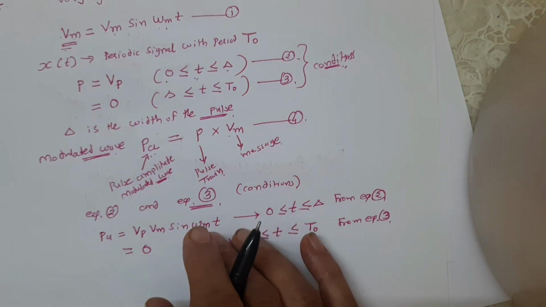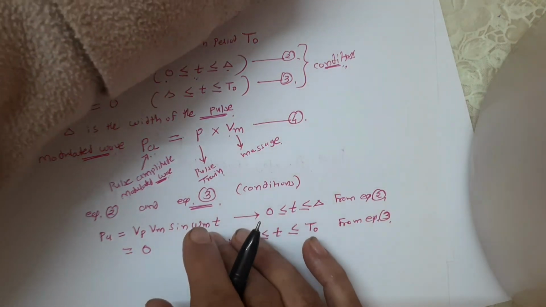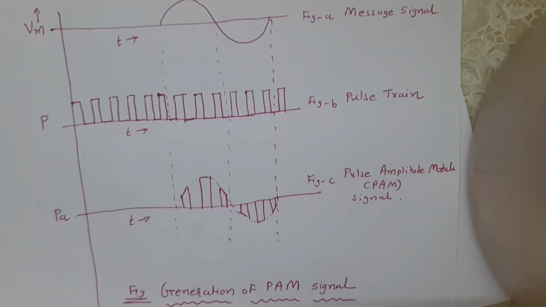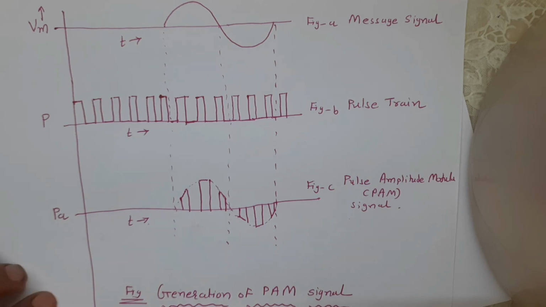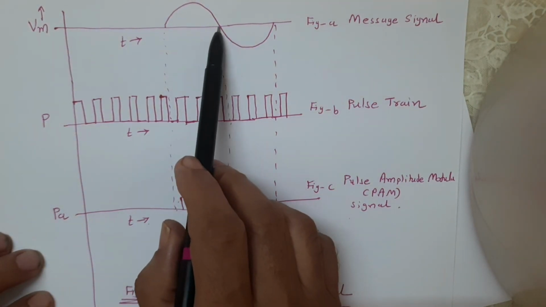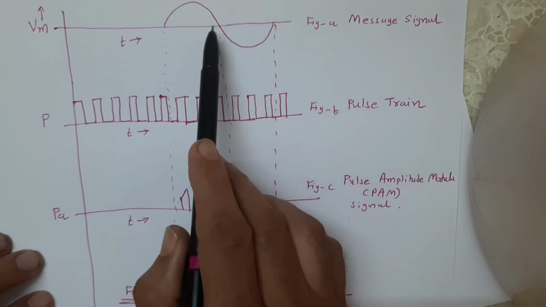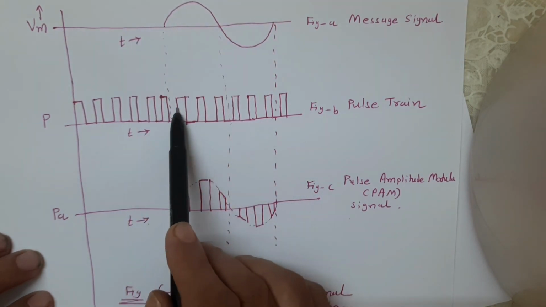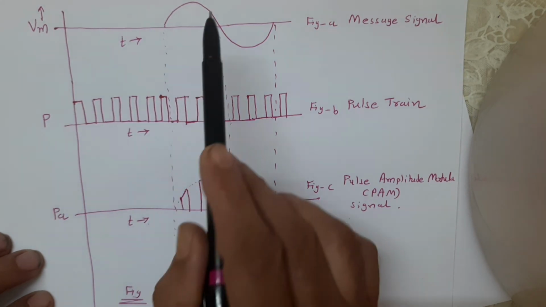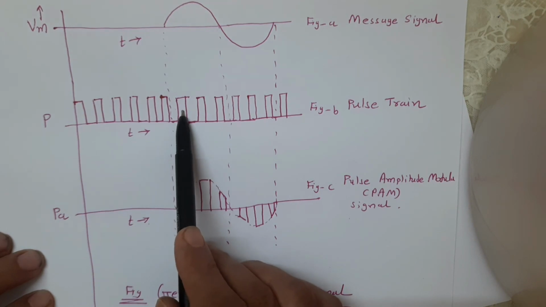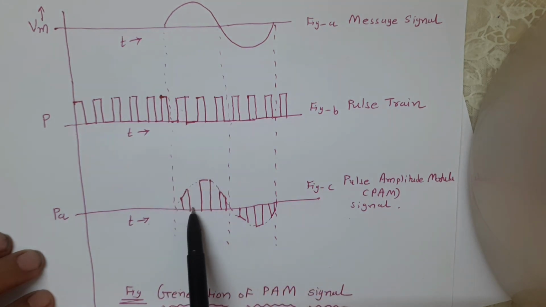So first of all, this is our figure. This is our message signal. This message signal we want to transfer from one place to another with the help of pulse. This is our pulse, so this message is inside the pulse. By varying the amplitude, the final pulse amplitude modulation is seen like this.